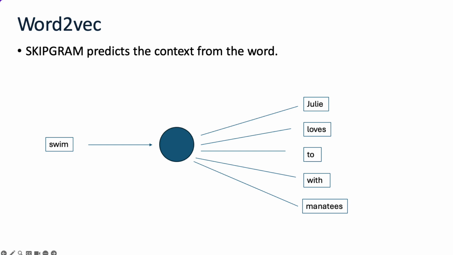Skipgram tries to predict the context from a given word, and in this method, all of the words in the document have a number associated with them. Word-to-vec takes a word and converts it into a vector, which is a list of numbers. And this method equals the relationship to the words.